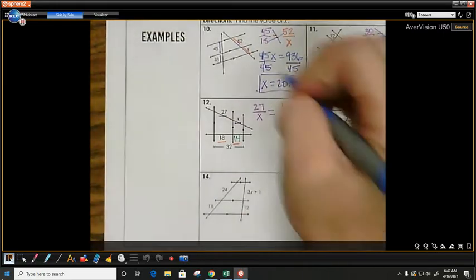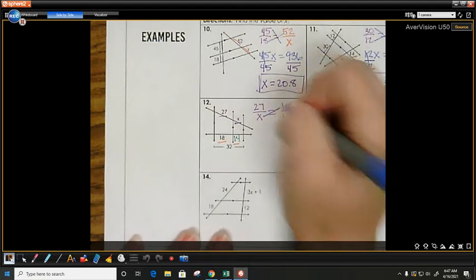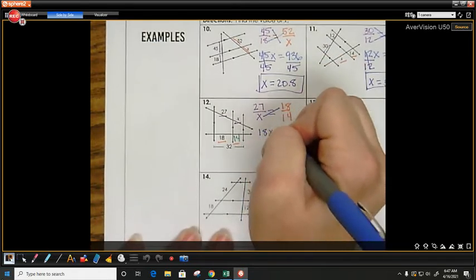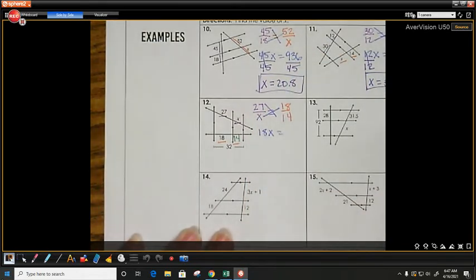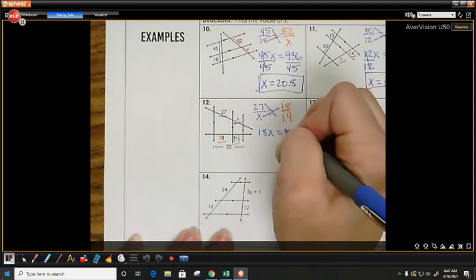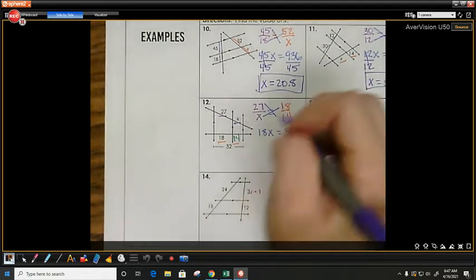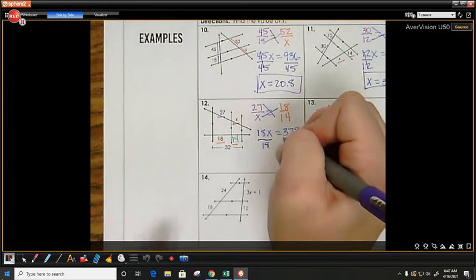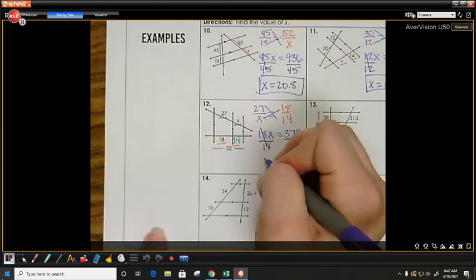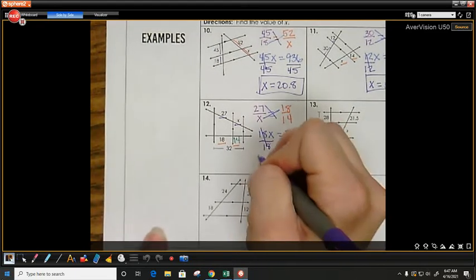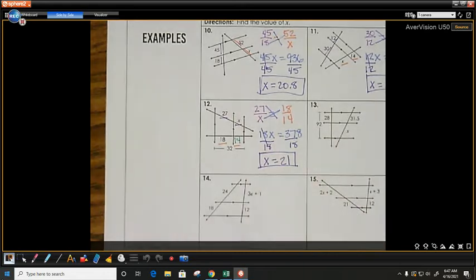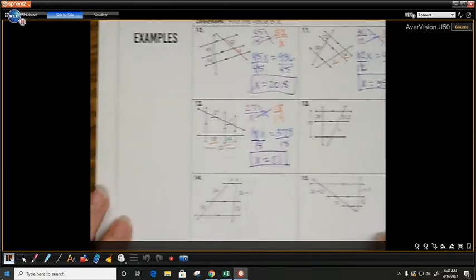Okay, I'm going to cross multiply, and I get 18x equals 27 times 14 is 378. And then I'm going to divide both sides by 18. And I get x equals 21. Okay, so we're doing a lot of repetition here.